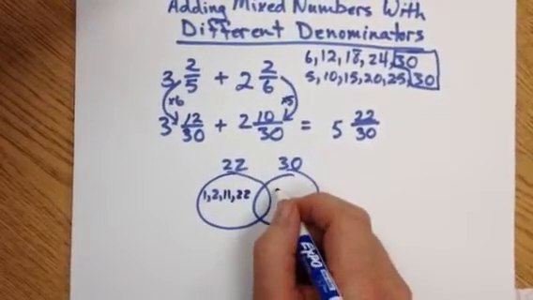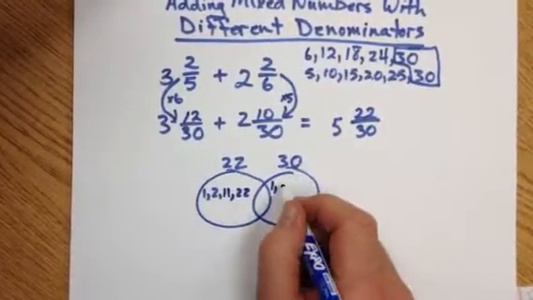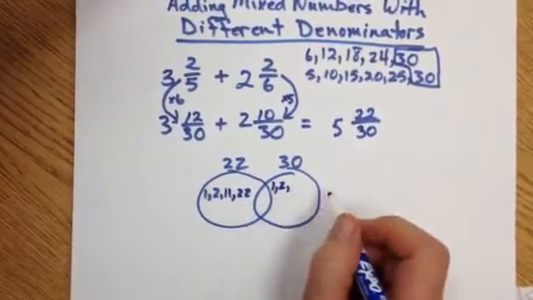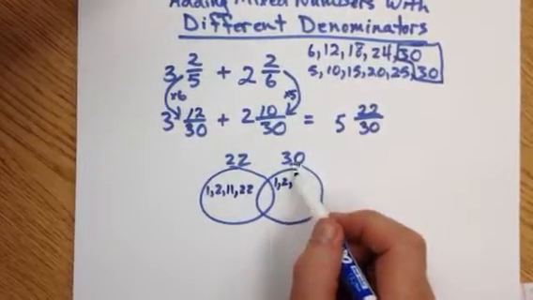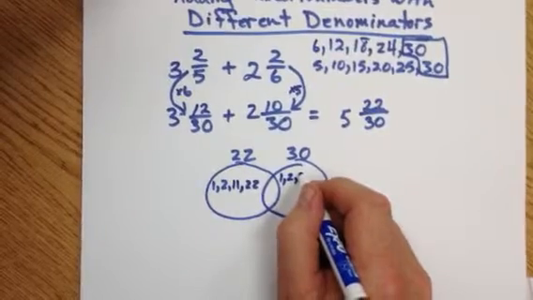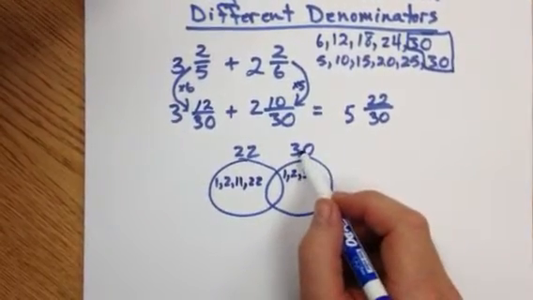Okay, for 30, 1 goes into 30, 2 goes into 30 because it's an even number, 3 goes into 30 because 3 plus 0 is 3, and 3 will divide evenly into itself. 4 does not go into 30.